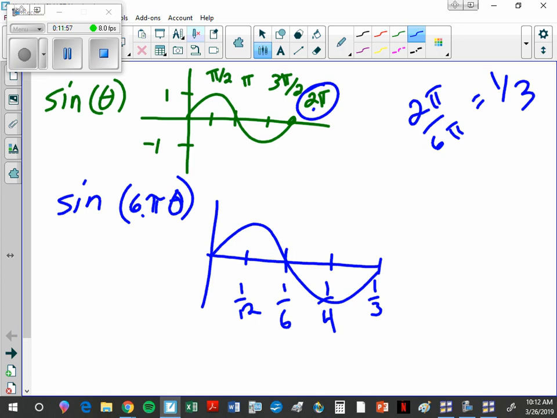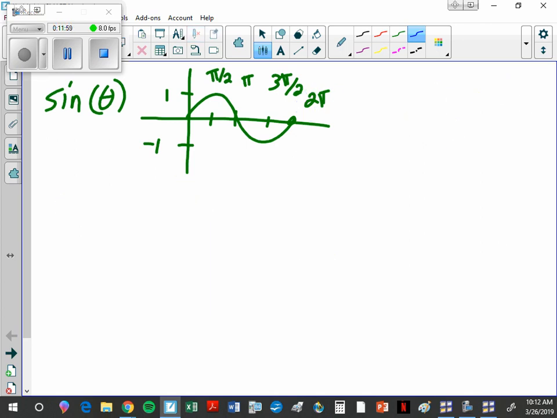Okay. Now, the only one we haven't done is a horizontal shift. So if I said the sine of, let's do theta plus pi over 2, what's going on there?